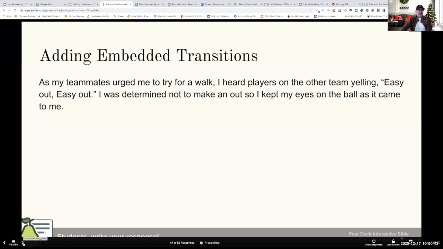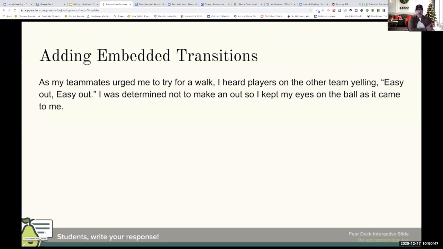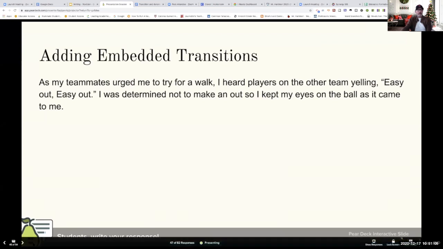Like I said, the whole point of an embedded transition is just to move the story forward, to orient your reader in time. What's slick about an embedded transition is that you're propelling the reader forward in the story in the moment, and they don't even realize it's happening.